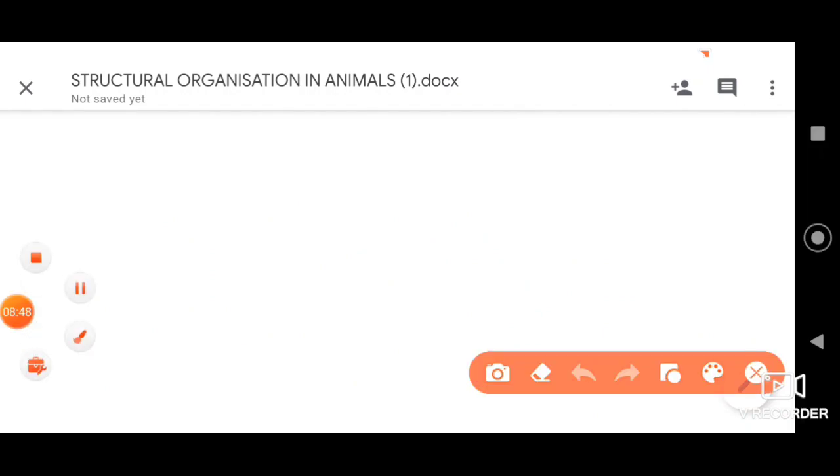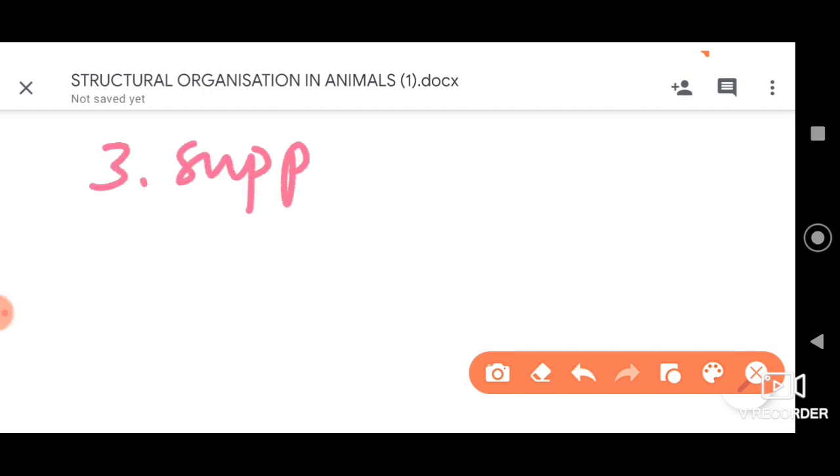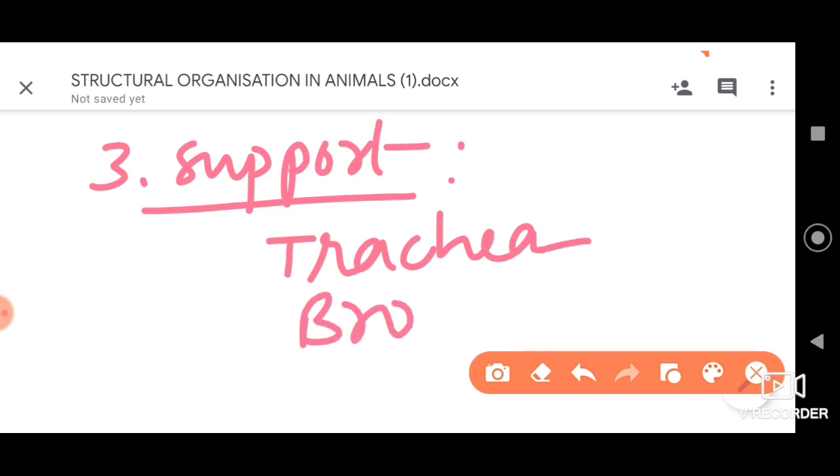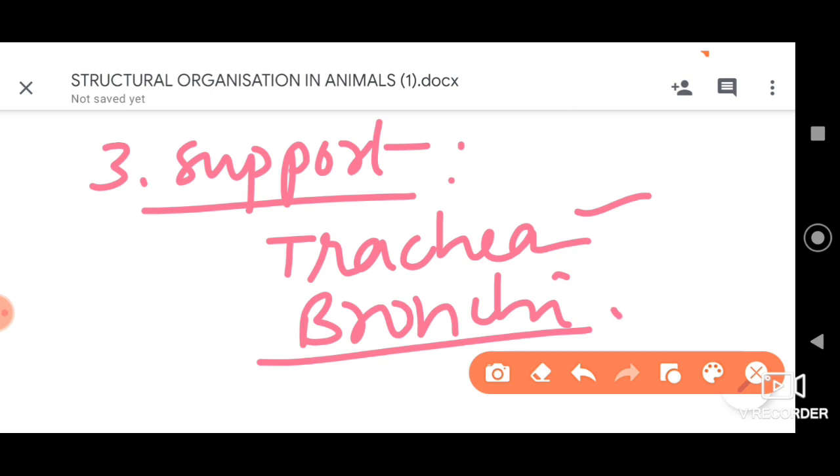Moving to the third function, we have support, the third important function. In what way it gives support and where can we find it? In the trachea as well as in the bronchi of lungs. In the trachea, the esophageal ring we can find, and then the bronchi, a part of the lungs.